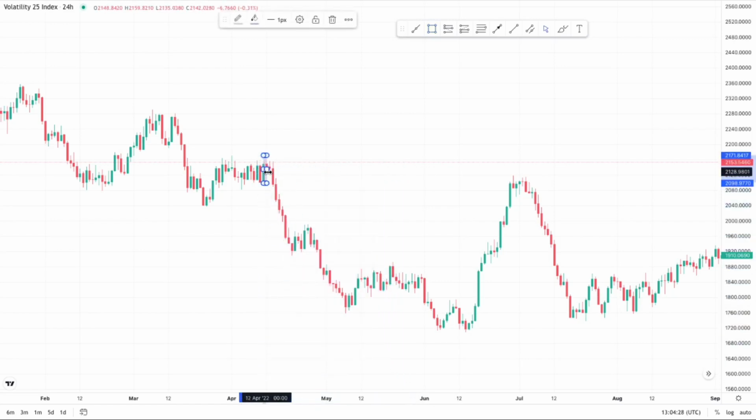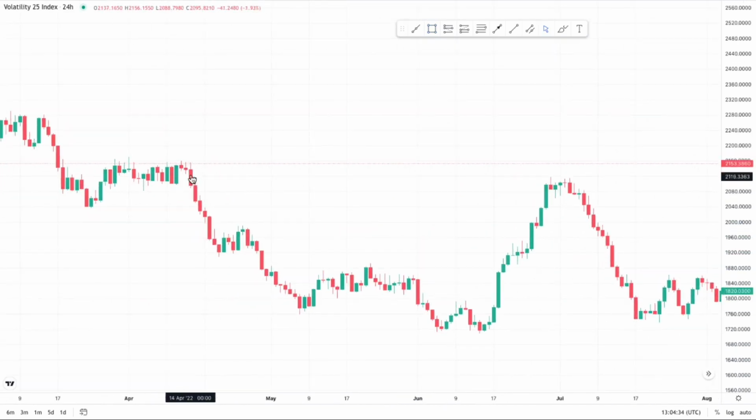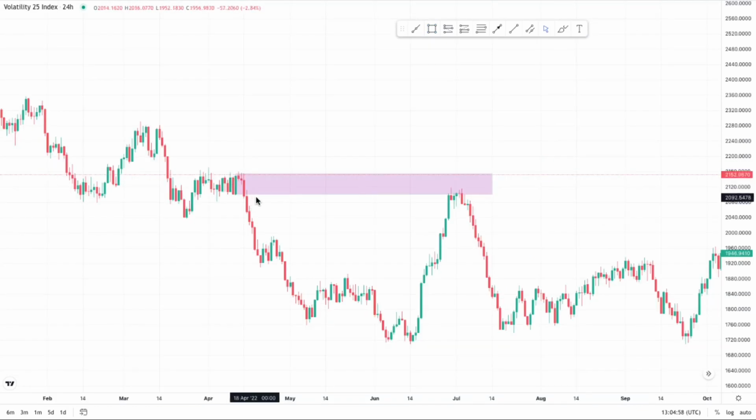This green candle was the last green candle before that sharp downward movement that created this impulse. So we would say this last green candle here is our order block, and we would wait for price to come back into the range corresponding with the low and the high of this candlestick.